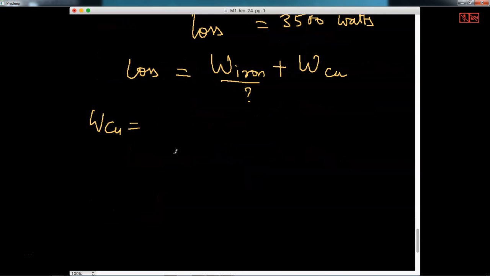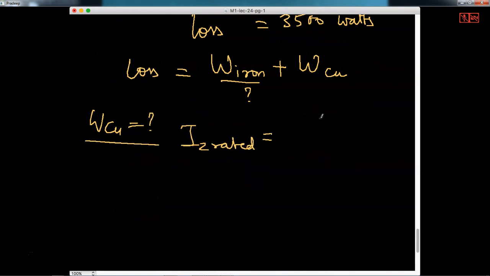The rated current I2, again a line current, is nothing but the rating of the machine divided by root 3. The machine is 100 kVA, so 100 kVA divided by square root of 3 multiplied by the line voltage of the secondary. That is also given in the question, that is 400.